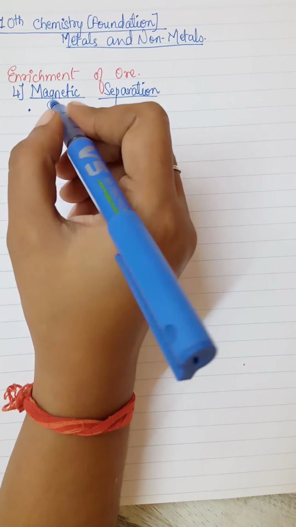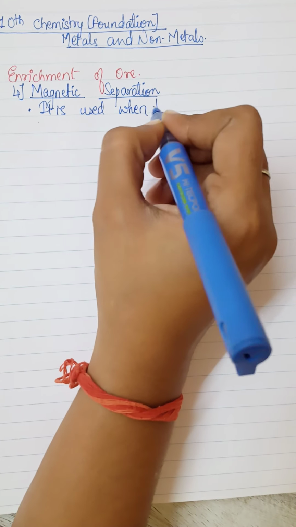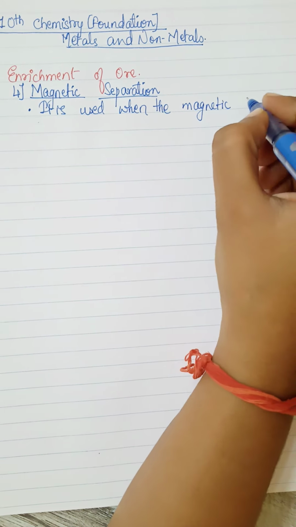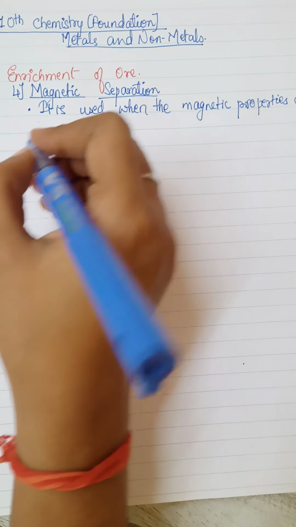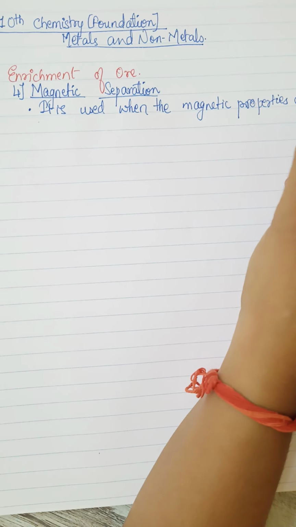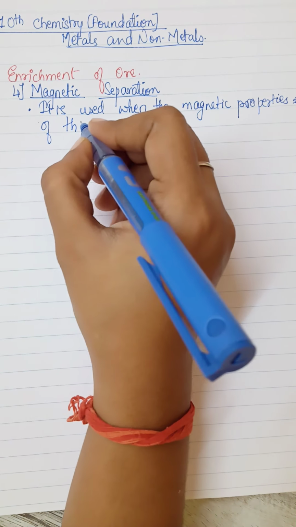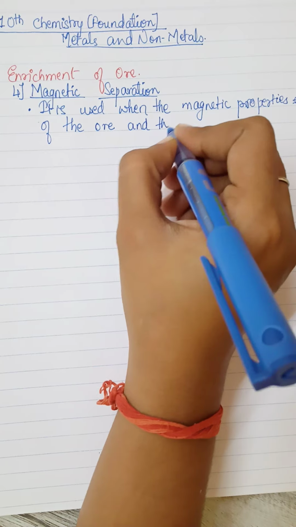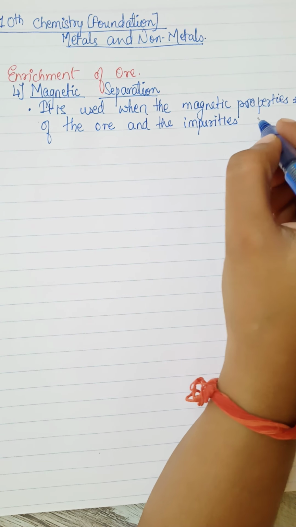Now in magnetic separation the first point is, it is used when the magnetic properties of the ore and the impurities are different.